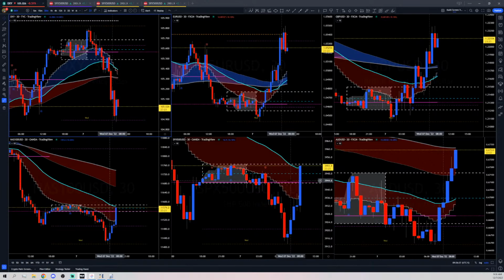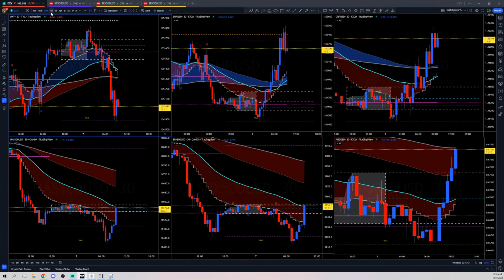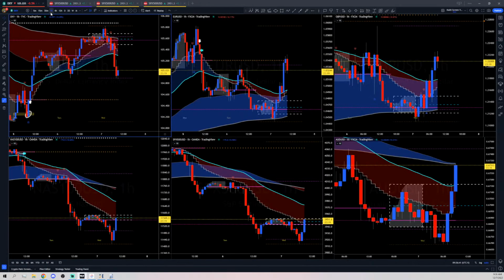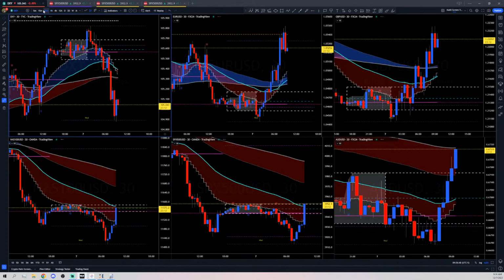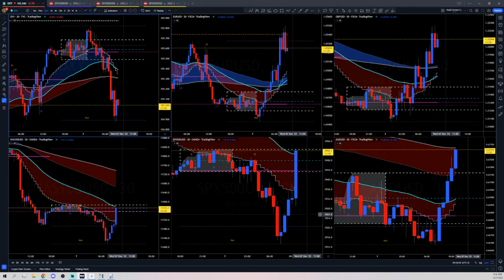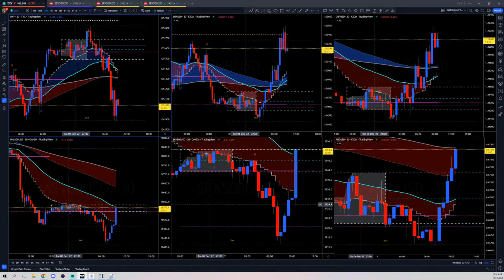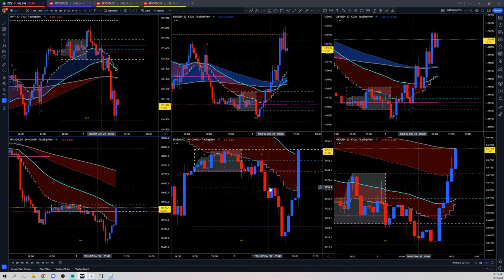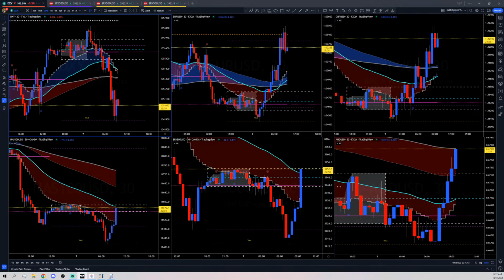How strong this is. That's crazy. I'm gonna just pause here and let the market do what it do, because the indices here are going berserk. About to break above.